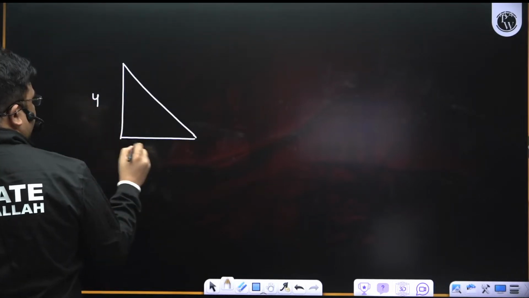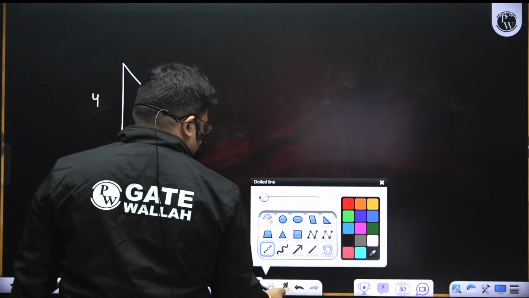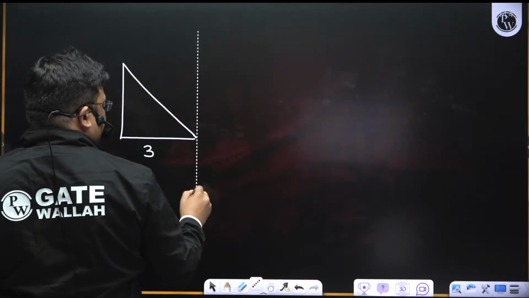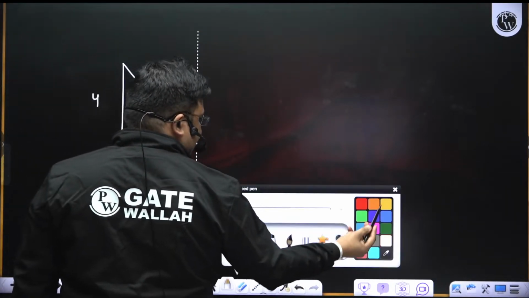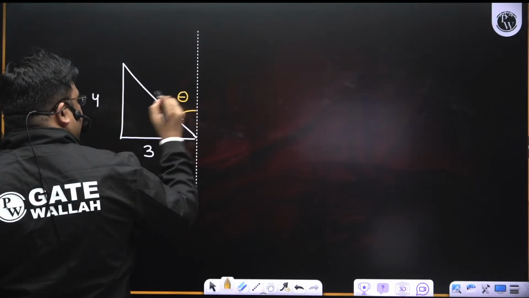But if you remember, for this plane theta is always taken from the vertical in the anti-clockwise direction. So this is theta. Can we find out theta?